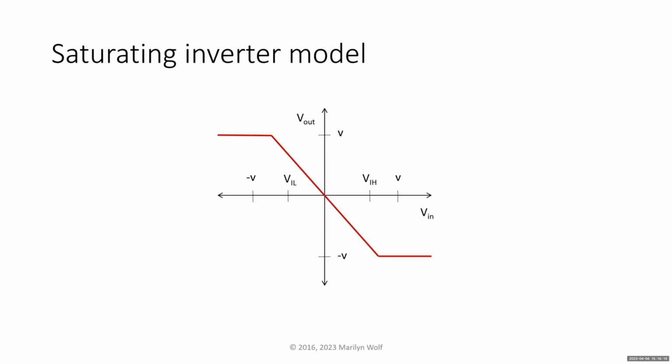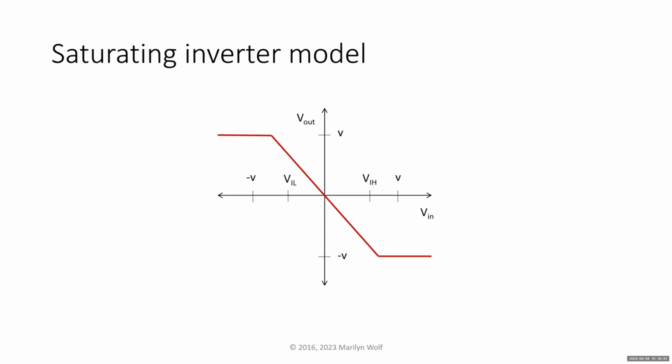So at either end, the inverter saturates. That is, we change the input to be higher, or we change it to be lower, and that doesn't change the output. In between, this very simple model says there's a linear relationship.